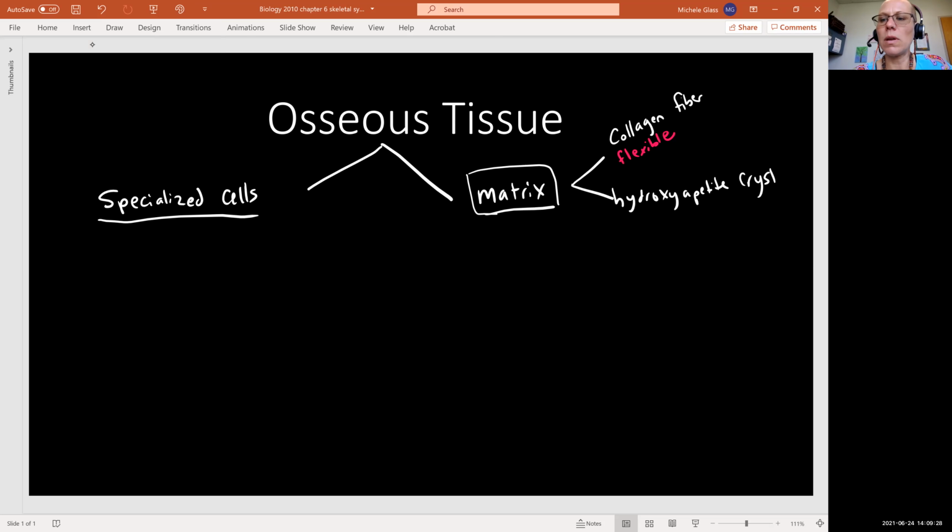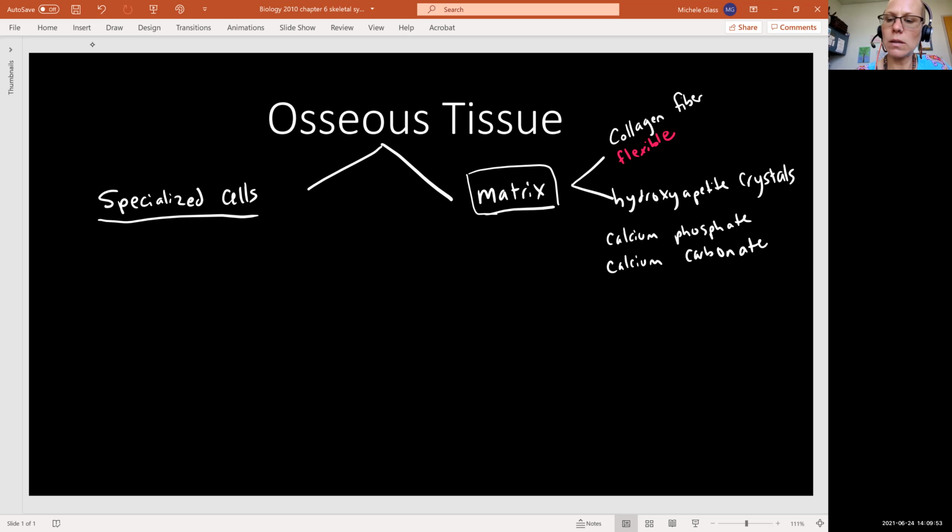crystals. This is the mineral component. When we talk about hydroxyapatite crystals, this includes calcium phosphate and calcium carbonate. That's where we get the calcium component of our bone.